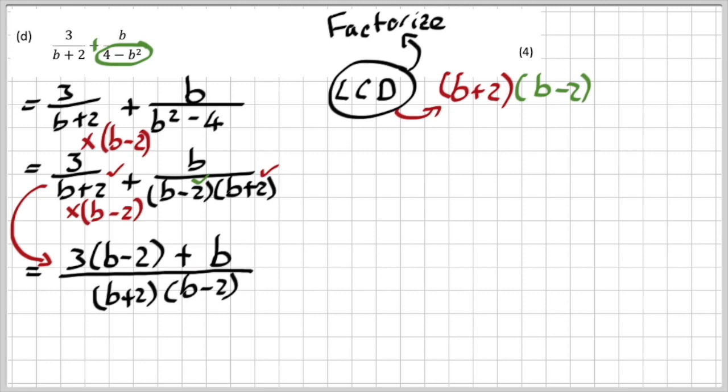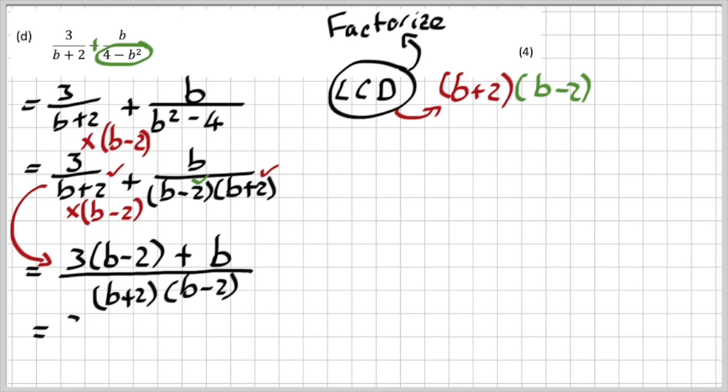Please, please, please, do not go and now go b minus 2 and b minus 2. There's a plus there. You cannot do that. You have to simplify the numerator.